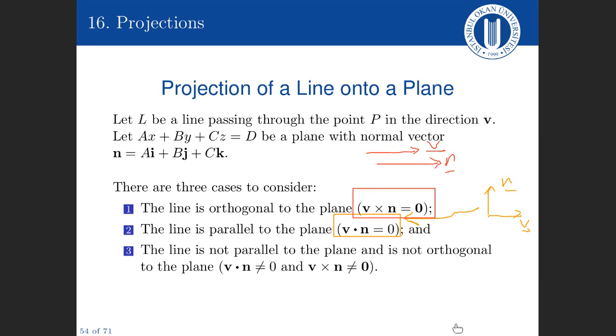Or case 3, the line is not parallel, and the line is not orthogonal to it. V dot n is not the number 0. V cross n is not the 0 vector.